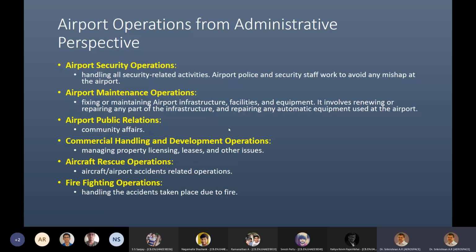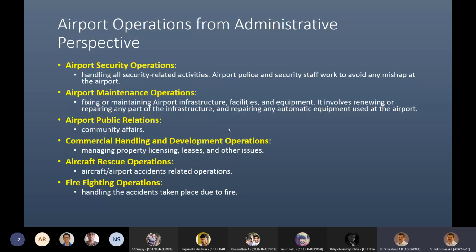So what we have listed here in this slide are a typical representation of the various operations from the functional or administrative perspective. So airport security operations, for example, all the security related activities, we know that it's going to be quite intensive.